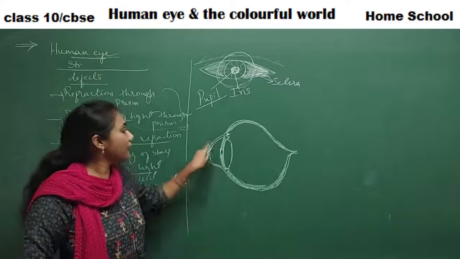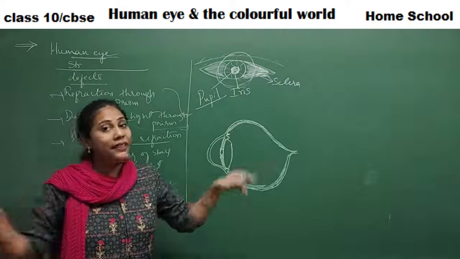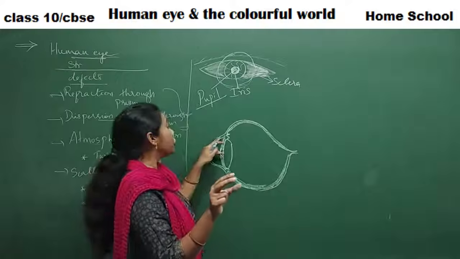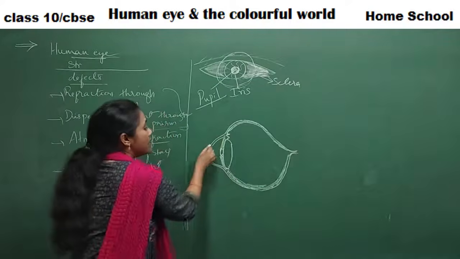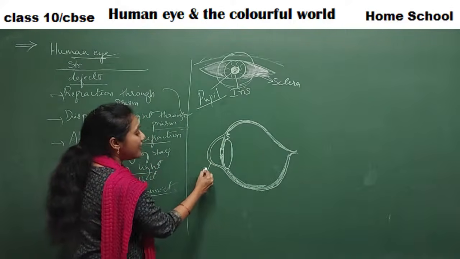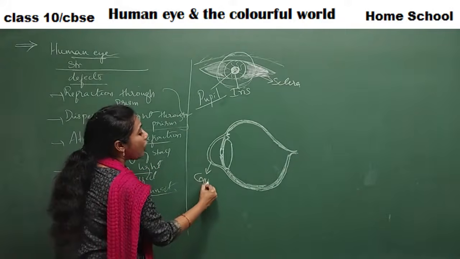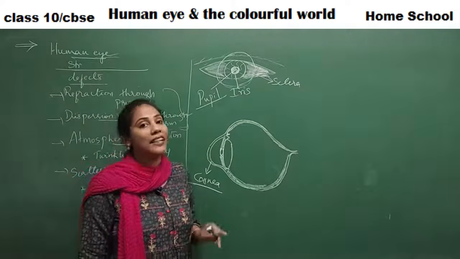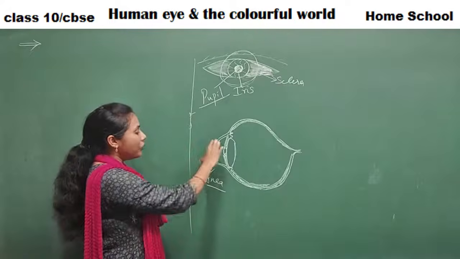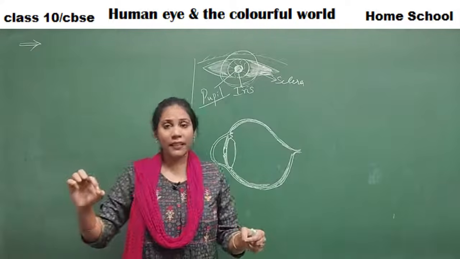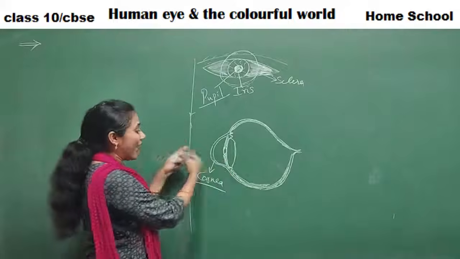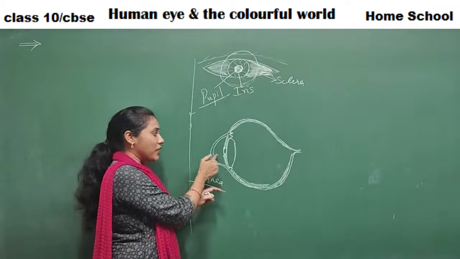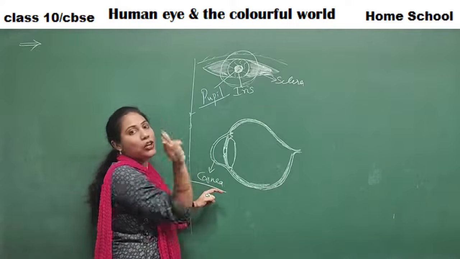Most of the refraction takes place through this transparent layer, and this layer we call cornea. A very, very important component of the eye, that is cornea. Since it is transparent, light rays can travel through this cornea, and most of the refraction occurs in this cornea.